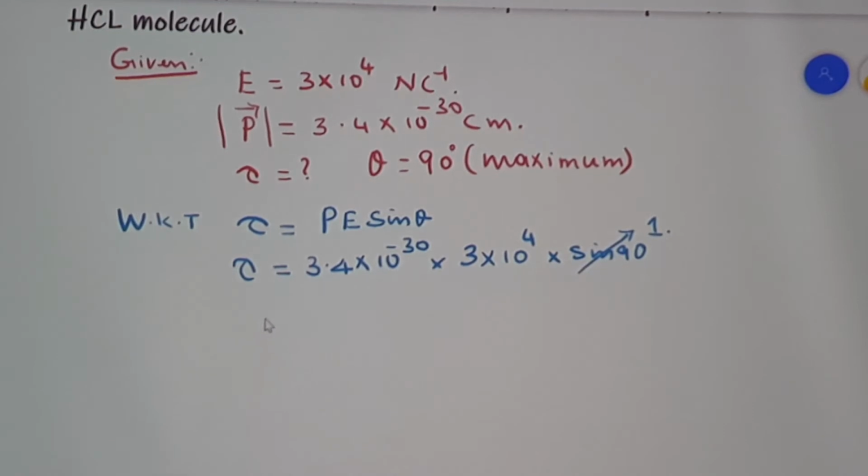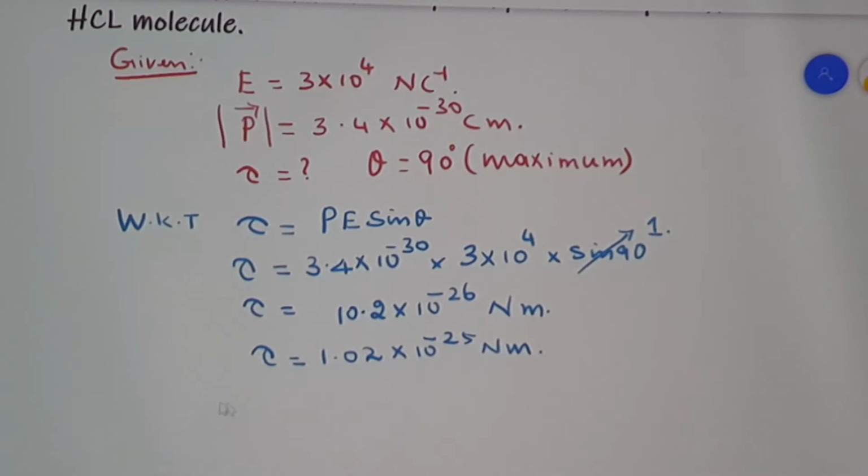So I can state the value of torque tau is equal to, when you are multiplying, see 3 into 4 12, 3 into 3 9, 9 plus 1 10, so 10.2 into 10 to the power of minus 26 Newton meter, or I can write this in scientific way as 1.02 into 10 to the power of minus 25 Newton meter.